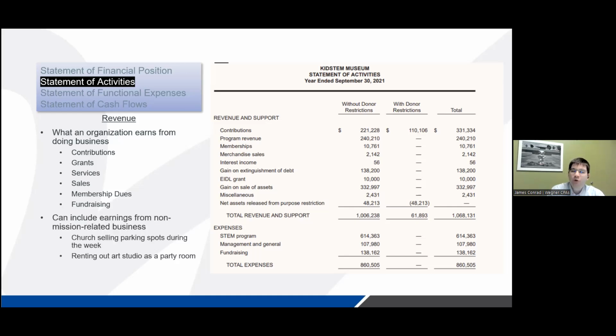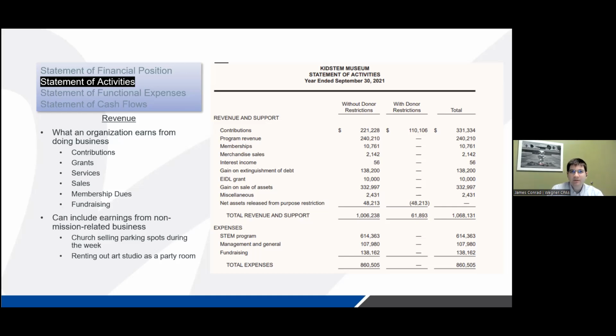So you can have revenue that is from non-mission based activities. And when I say non-mission based, think of the mission statement that your company is designed to work under. I go back to my church example. A church has services either Saturday, Sunday, a combination of both, something like that.